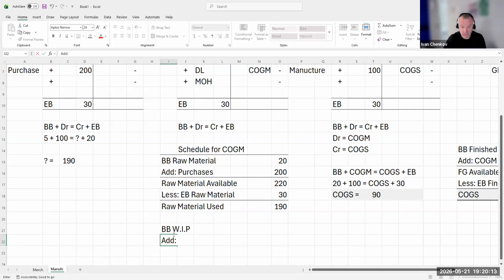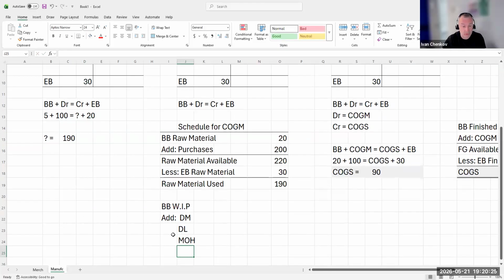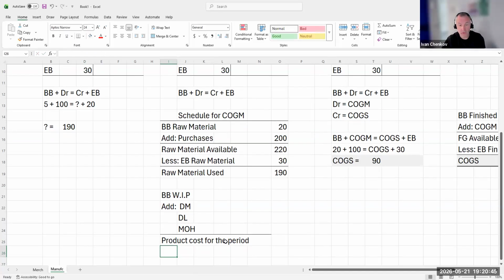We're going to add direct material used. We're going to add direct labor, which is going to be given to us, and we're going to add the manufacturing overhead. Those three costs, only those three, give us the product cost for the period. Which period? Month or quarter or year, whatever we have.